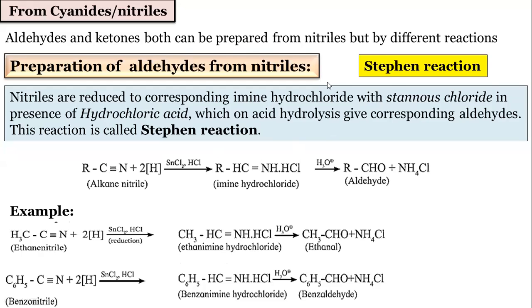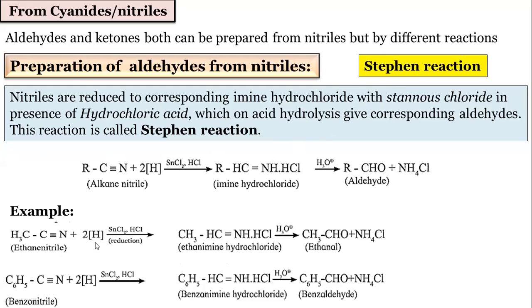So the speciality of this reaction is that we directly convert the nitriles into aldehydes. So remember, this is a very good method of conversion of nitriles to aldehydes. Again, one example we will take. This is ethane nitrile.